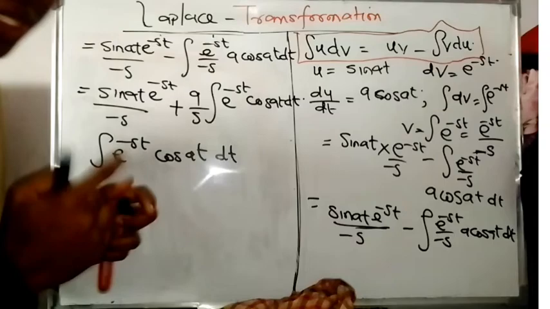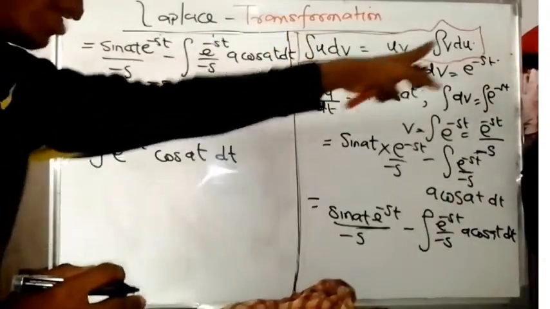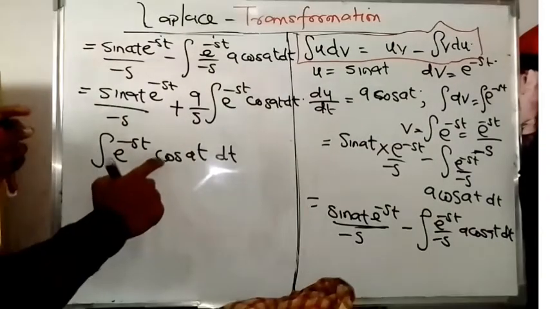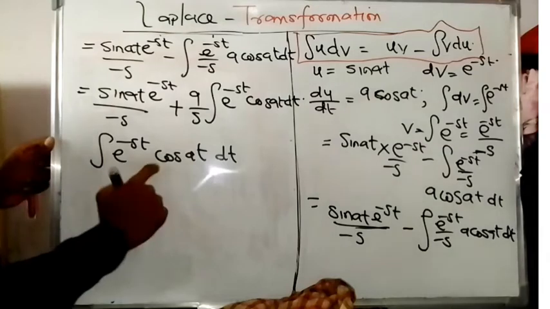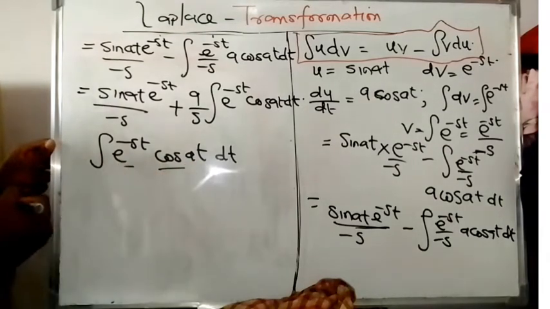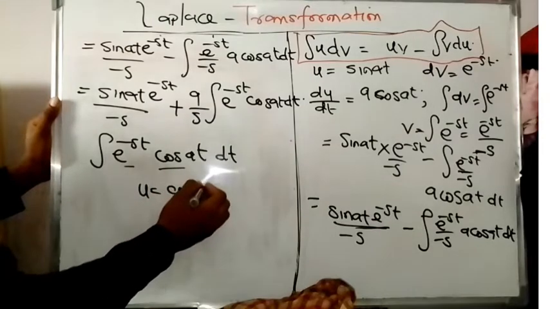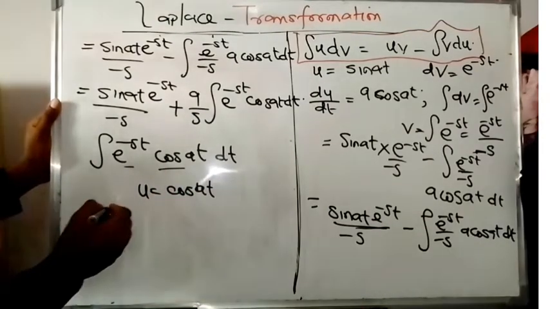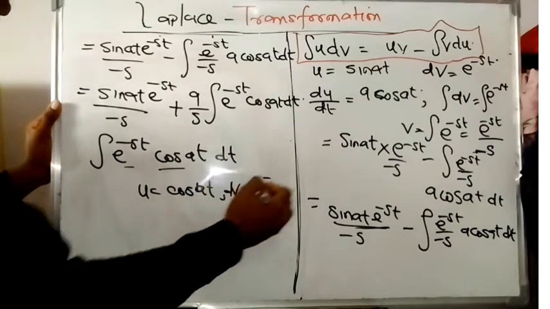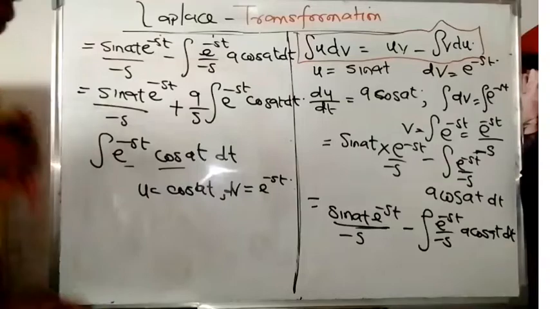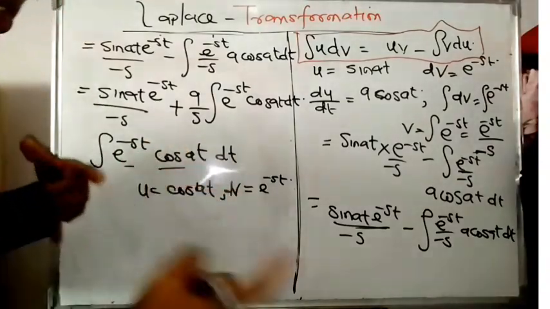Integrating, we're still going to apply our integration by parts method. My u becomes the trigonometric part and my dv becomes the exponential. So u becomes cos at and dv becomes the exponential of minus st. We're going to be integrating dv and differentiating u.